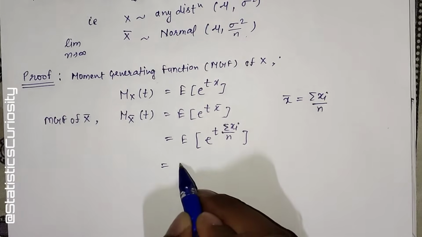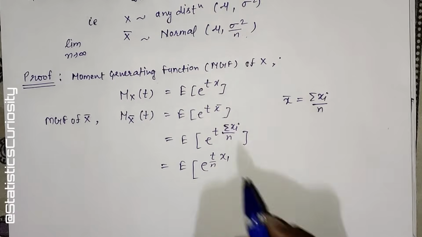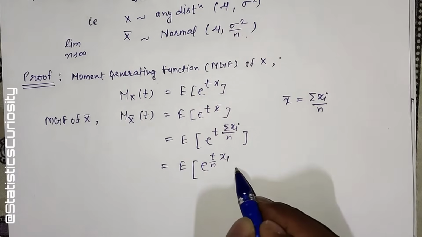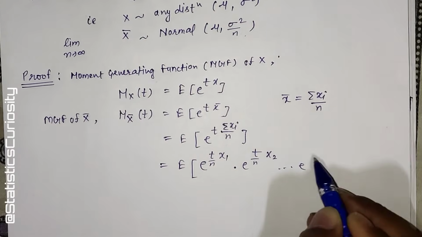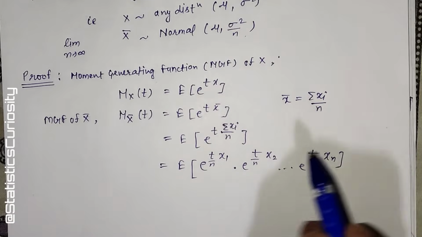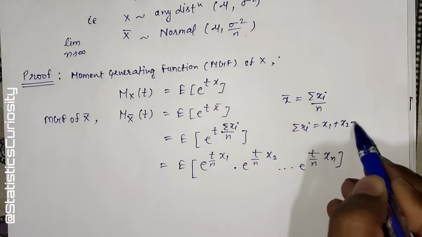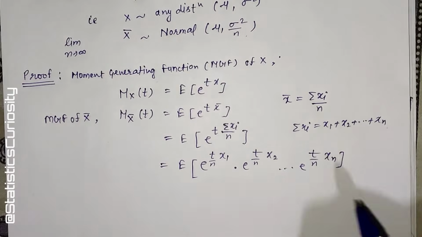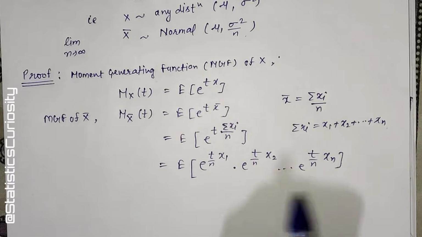Then what will happen? Expectation E raised to the power t by n x1, into E raised to the power t by n x2, up to E raised to the power t by n xn. Since summation xi is x1 plus x2 plus up to xn, we can open it as E raised to the power t by n x1.